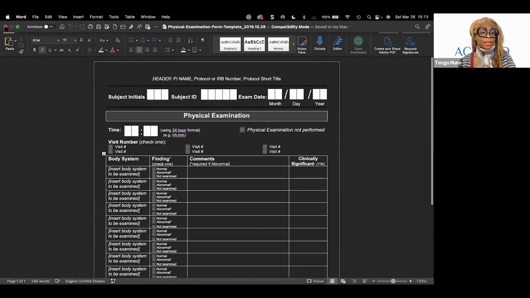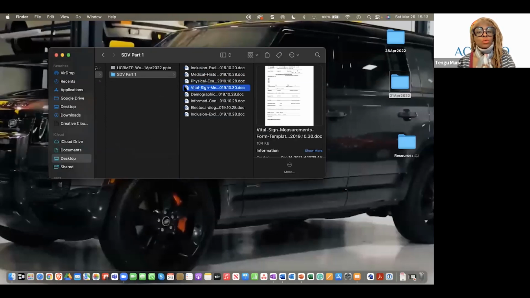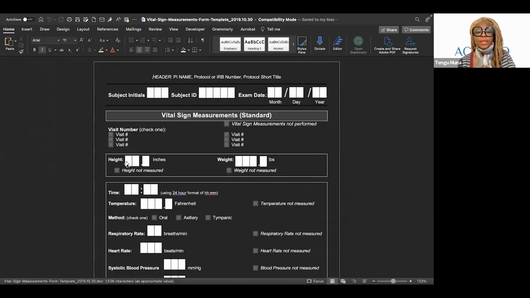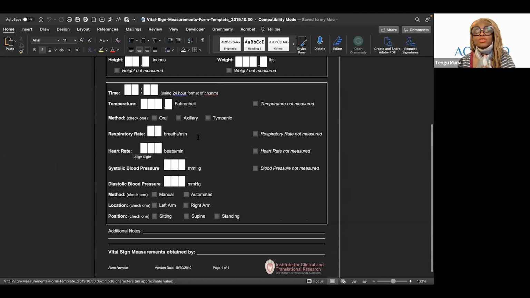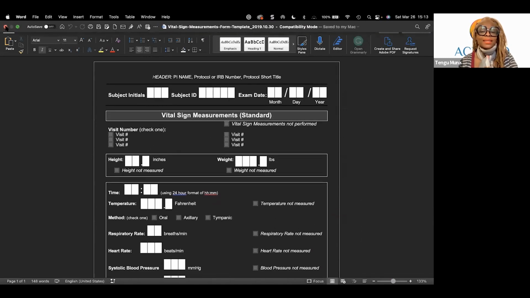Okay. And in some cases, you might be doing one for your clinical research sites, but good clinical research sites will create their own source documents. That's really how it is. And this is one for capturing vital signs. So this is just basic procedures across clinical trials, but I think that you guys get the idea.